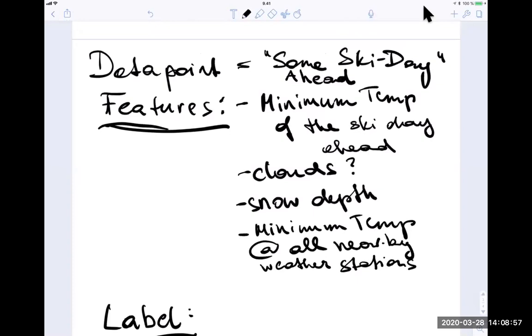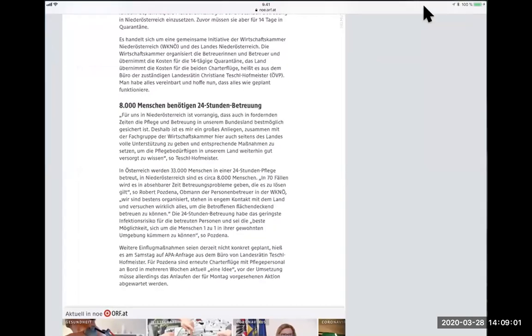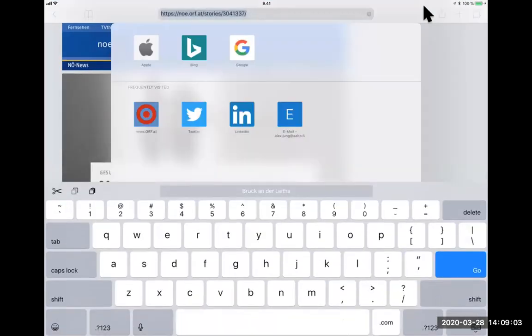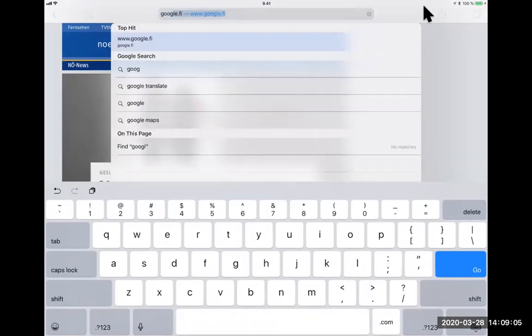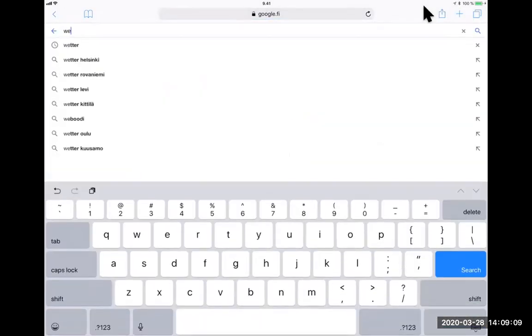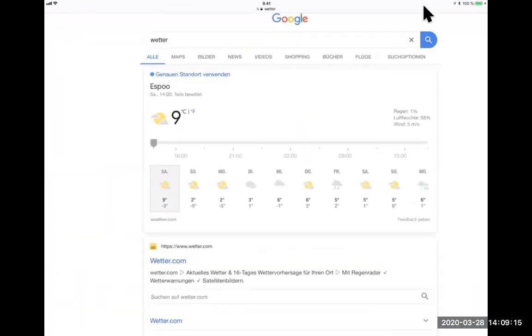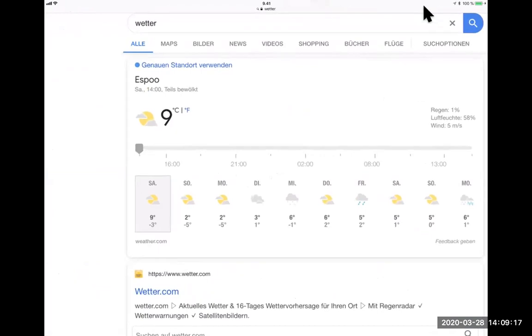And in principle, we can also say as features of the ski day ahead, we could use, for example, I wake up in the morning and open my Google and ask for the weather forecast. So the weather forecast that you see here in the morning, all this data here that you see, this -3.9, -5.2, -5.2, these are all features.